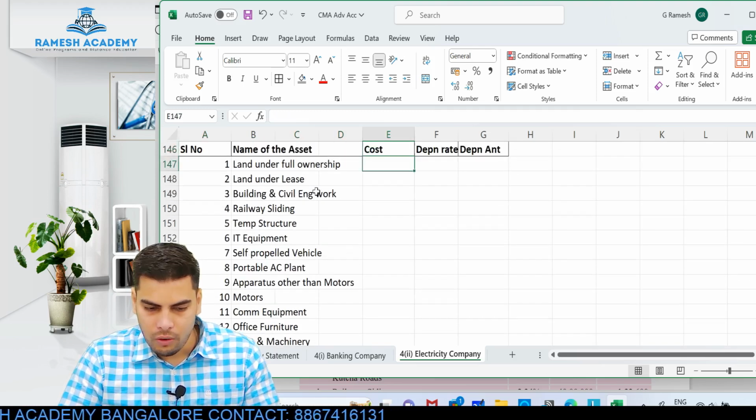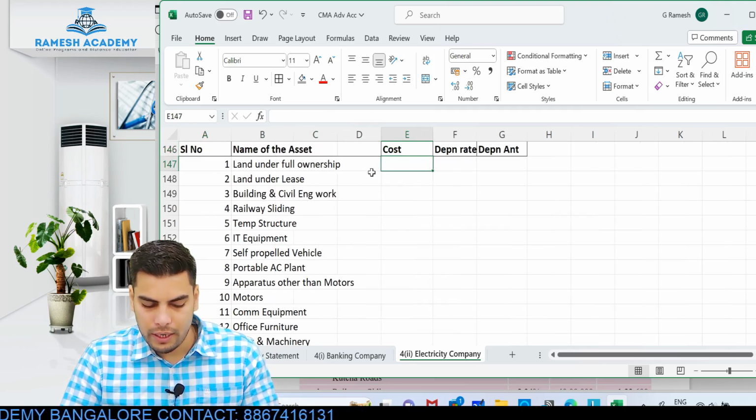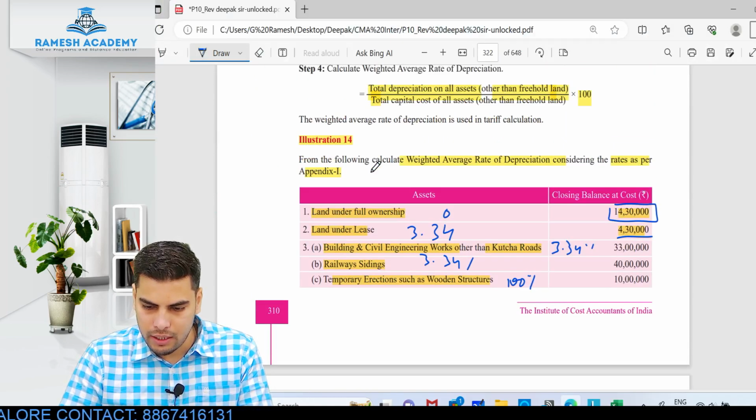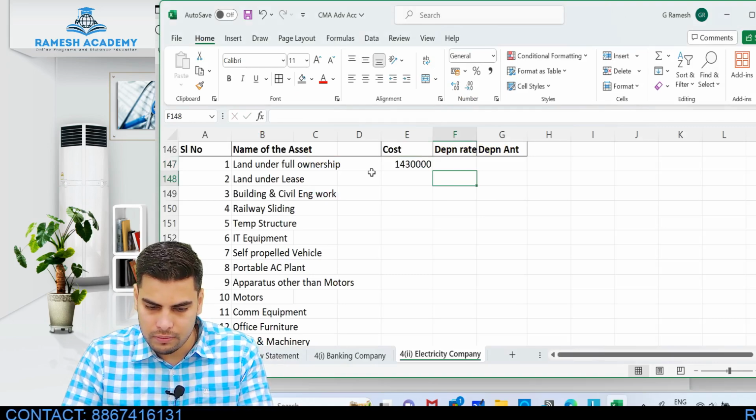Now for these assets, I just need to write the cost and then I'll be writing the depreciation rate. So what is the cost? Let me just quickly write these things. So 14,30,000.